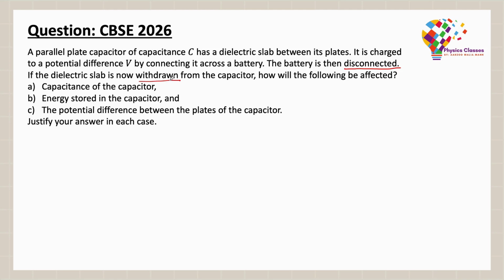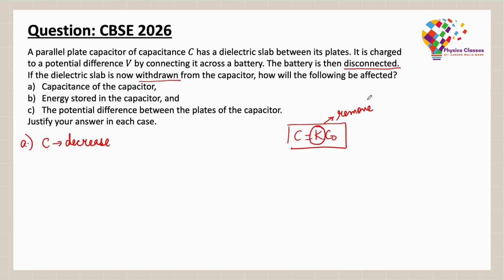So first let's talk about the capacitance of the capacitor. C, the capacitance of the capacitor, ideally has to decrease. So why does C decrease? Let us try and understand that. If you remember, with the dielectric, the capacitance was K times the original capacitance. Now when you remove K, the capacitance would decrease, because with the K it increases by K, and without the K it decreases.